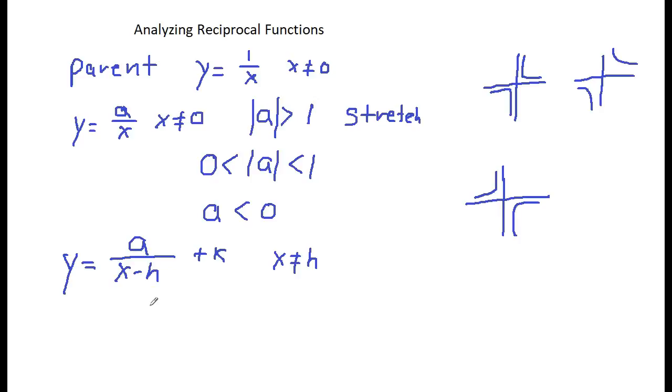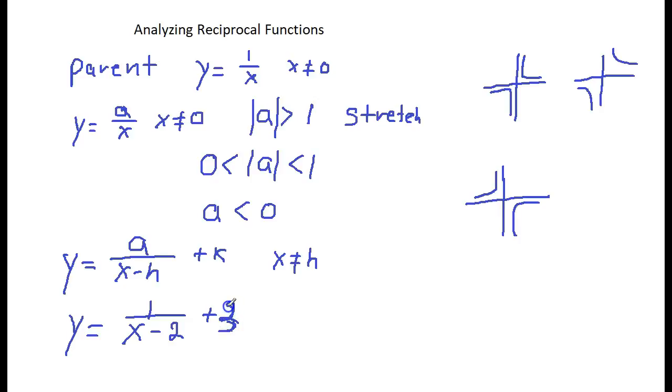How do we know? Well, let's look at something like this. y equals, we're just going to use 1 for a, and we're going to say x minus 2. Let's say plus 3 for k, so we have a different digit.